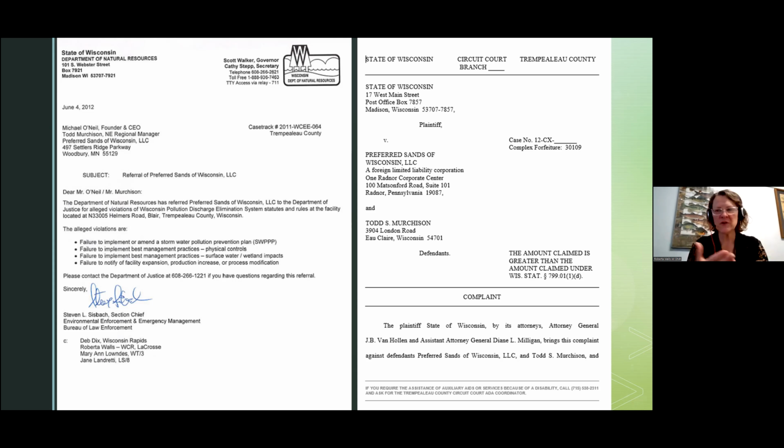And so close communication between the state and the county under a referral meant that there was potential that they could be charged by two different authorities for the same thing. To avoid double jeopardy, citations were not issued, but rather we sought injunction through the courts. And here's how it all played out.